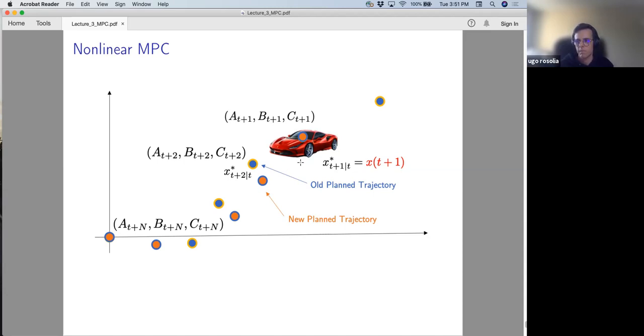Okay. But I think for the second lecture, we discussed the constraints, the linear case, whatever. In that problem, we do have those constraints, right? Yes.